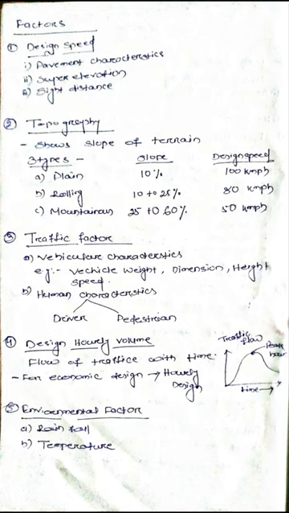What is design speed? Design speed is the speed for which we construct a road, the minimum speed or speed limit. When we go on a road, we see on the side of the road that the speed limit is 40 km per hour or 60 km per hour. That is called design speed.